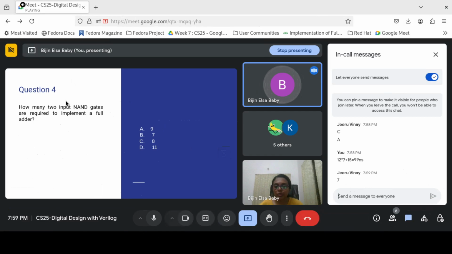Provided you have two XOR gates, there are 4 NAND gates required to implement one XOR gate. So 2 XOR gates, 4 plus 4, 8, and you also have the carry. If you take intermediate values, for the AND operation, you will get the carry. So total it will be 9. I will show you the circuit diagram.